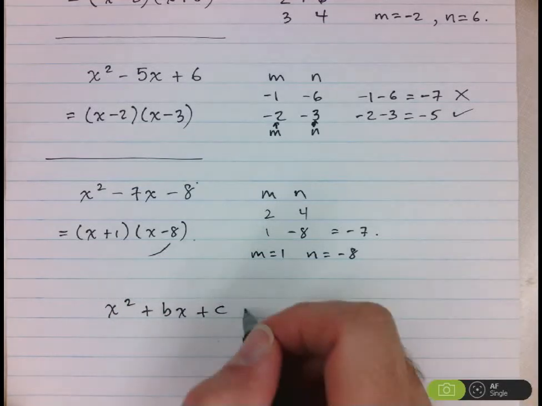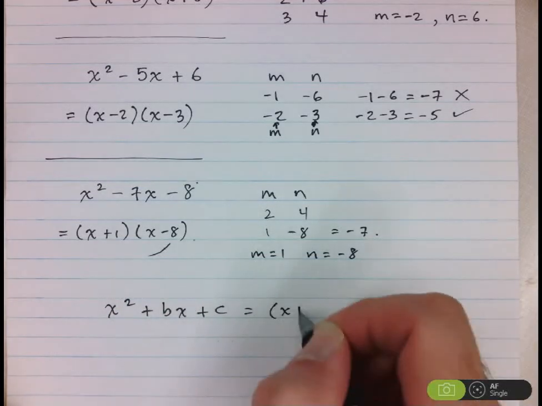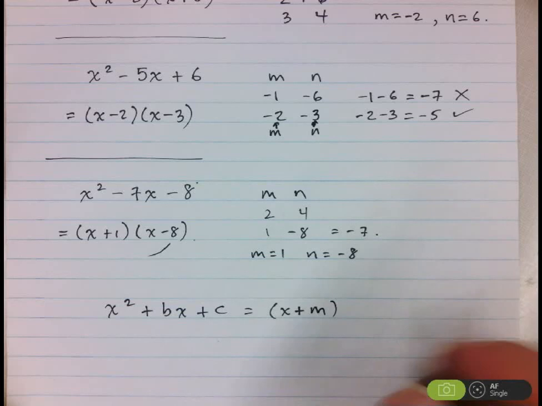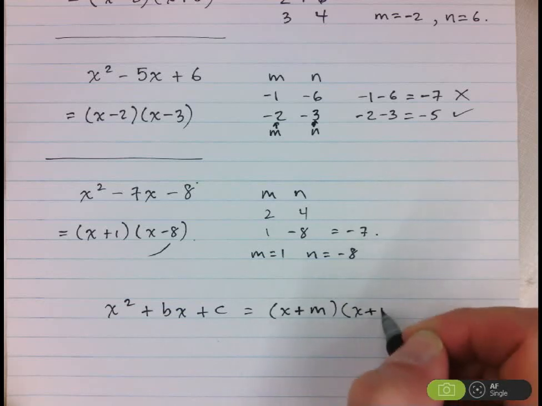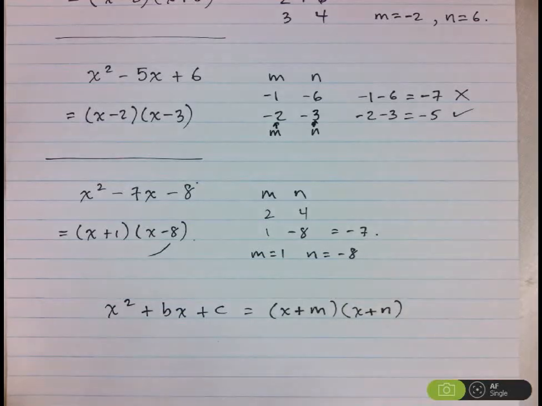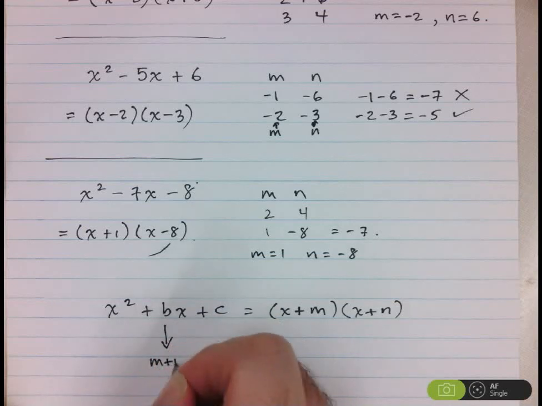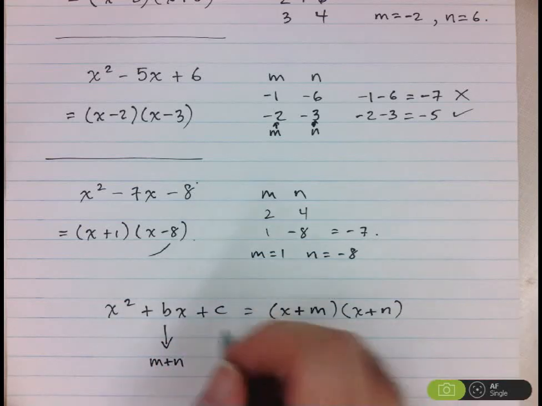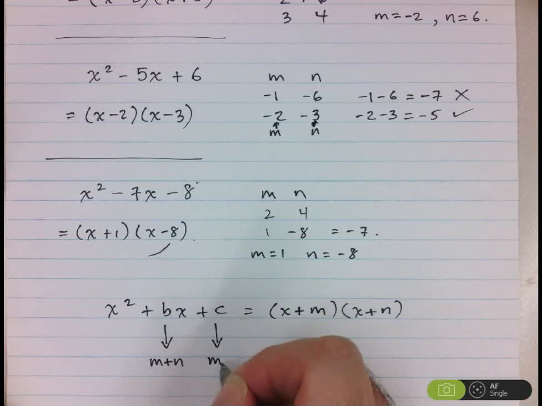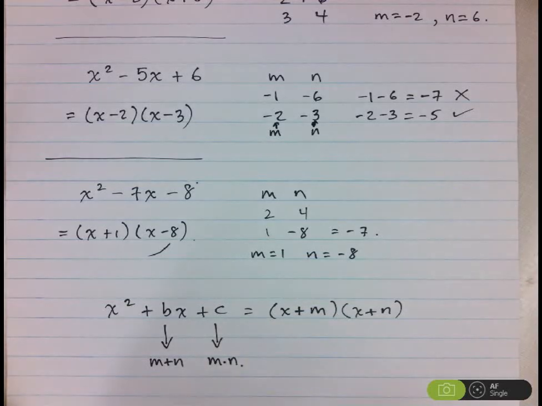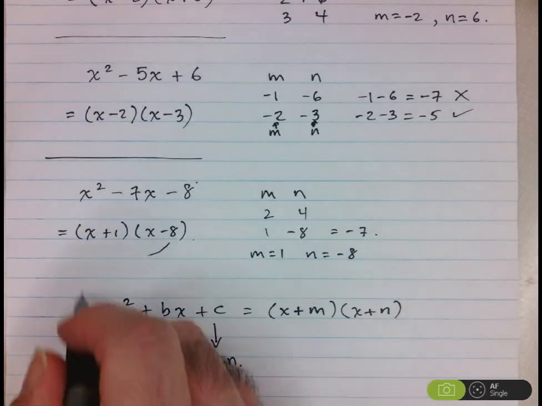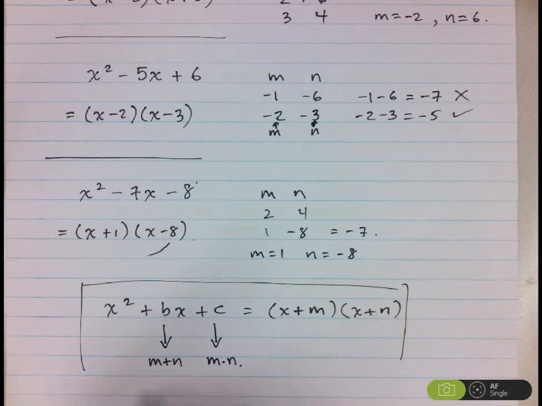This is going to be equal to a product of two binomials, let's say x plus m times x plus n. But the condition is that the middle term has to be the sum of these two numbers, and the last term needs to be the product of those two numbers. So this is the rule that you should be working with.